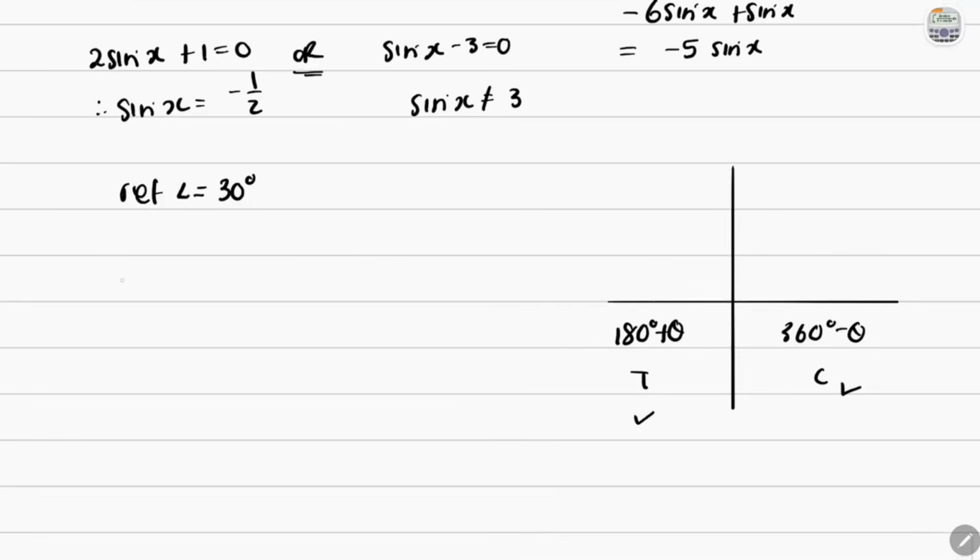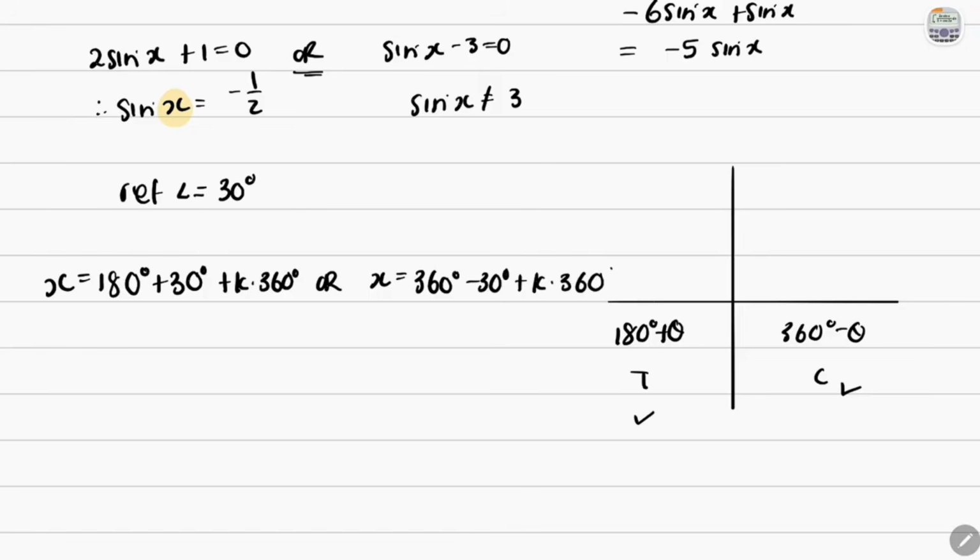So this is simply going to be to solve for this angle, okay, x. We'll say x is equal to, and the first solution will be found where we say 180 degrees plus our reference angle of 30 degrees, and then we'll say plus k 360 degrees, or where x is equal to, and then we'll say 360 degrees minus 30 degrees plus k 360 degrees.